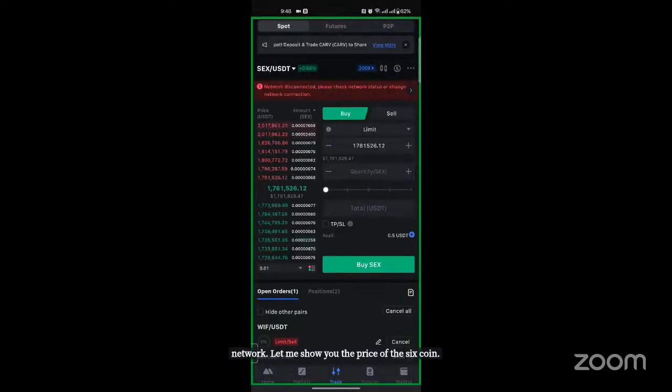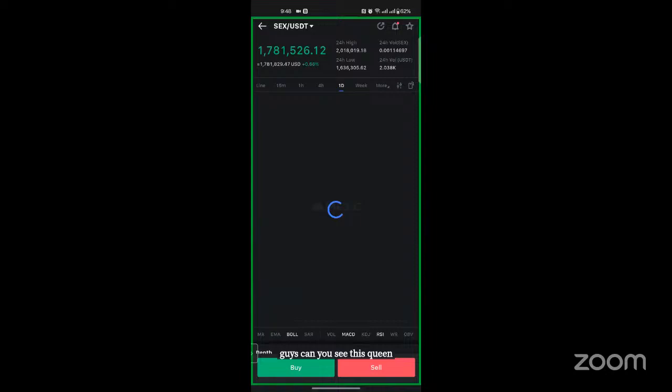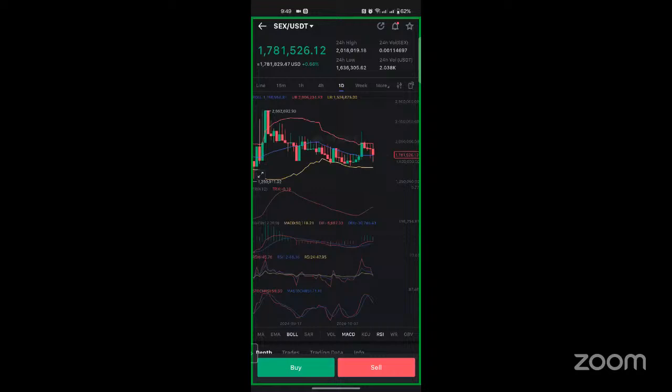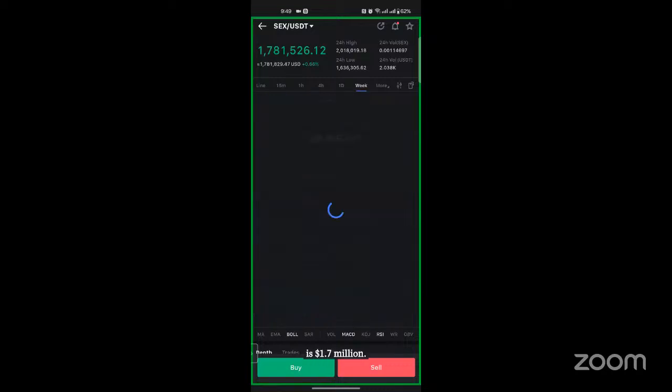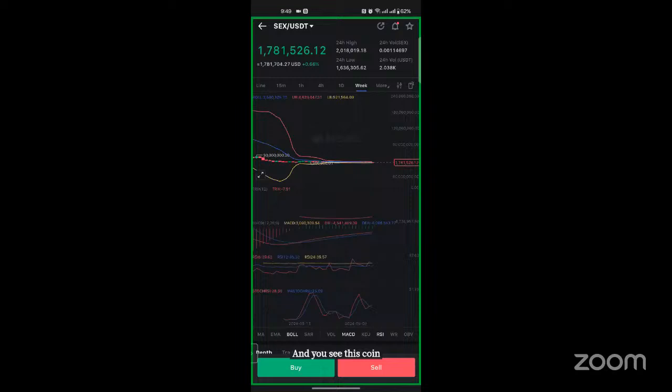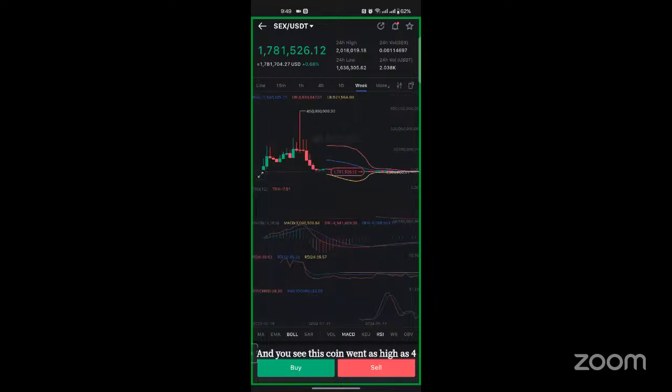Guys, can you see this coin is worth $1.7 million? And you see, this coin went as high as $450 million. It's its all-time high.